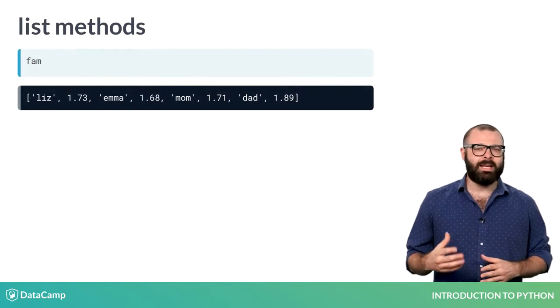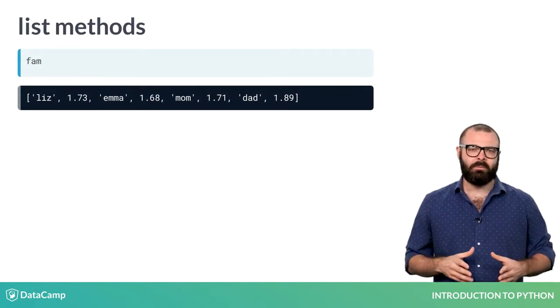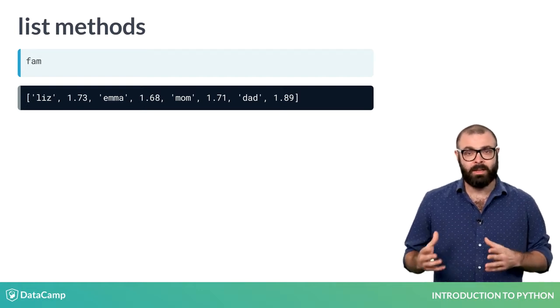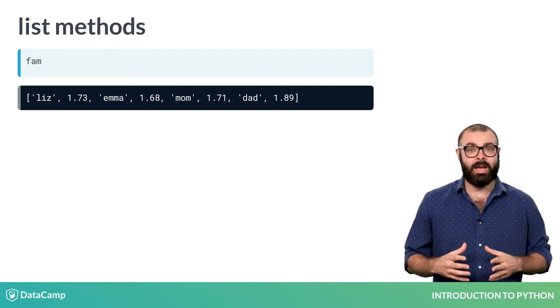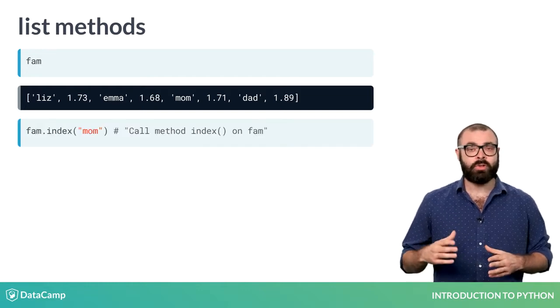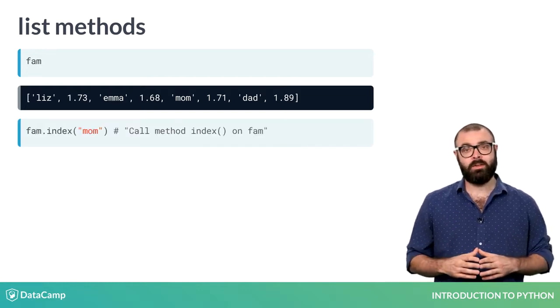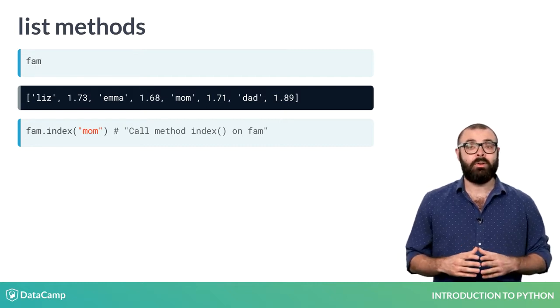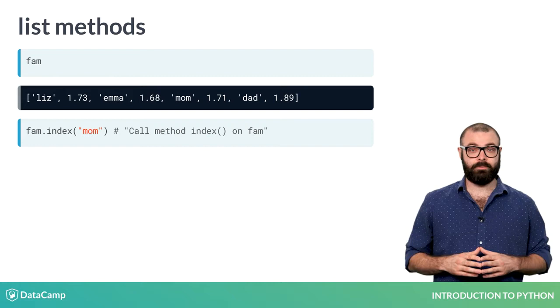Suppose you want to get the index of the string mum in the fam list. Fam is a Python object with the type list and has a method named index. To call the method, you use the dot notation like this. The only input is the string mum, the element you want to get the index for.